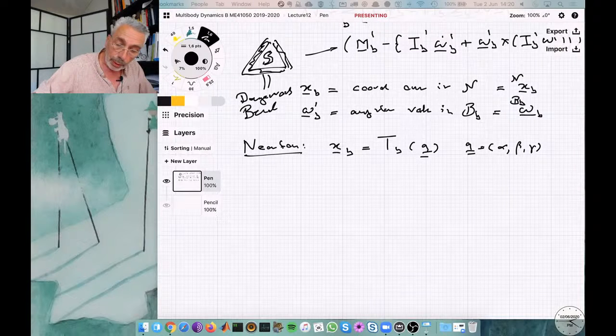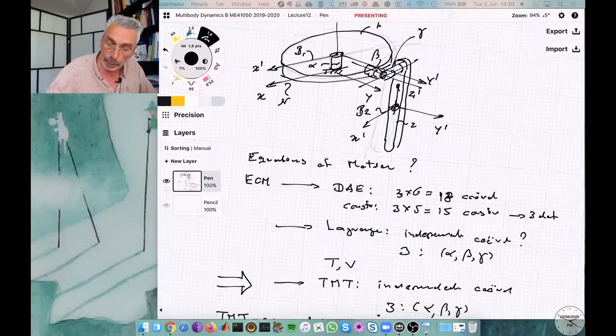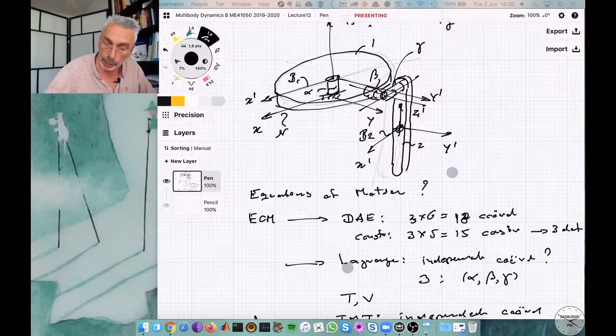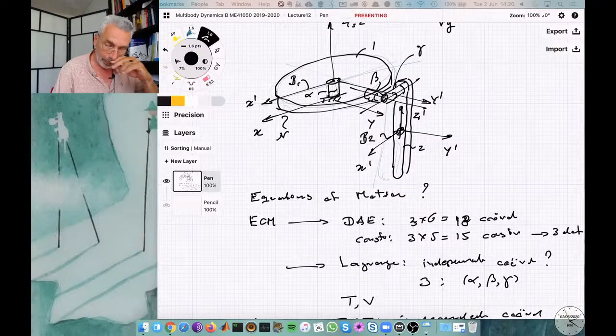Now, let's go back to our picture. Can I do that? That's the first question. Can I express the center of the disk of body 1 in terms of our alpha, beta, gamma? Yes, because it's constant. It doesn't change. That's easy. Can I express the position of this body in terms of alpha, beta and gamma?